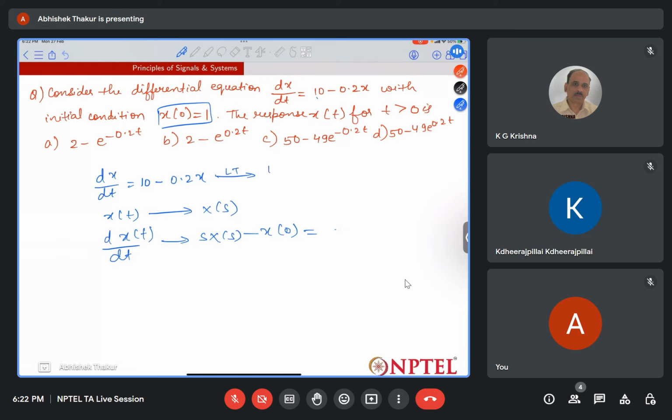That will be 10 by s minus 0.2 into Xs. What we have to find in this question is the response xt.